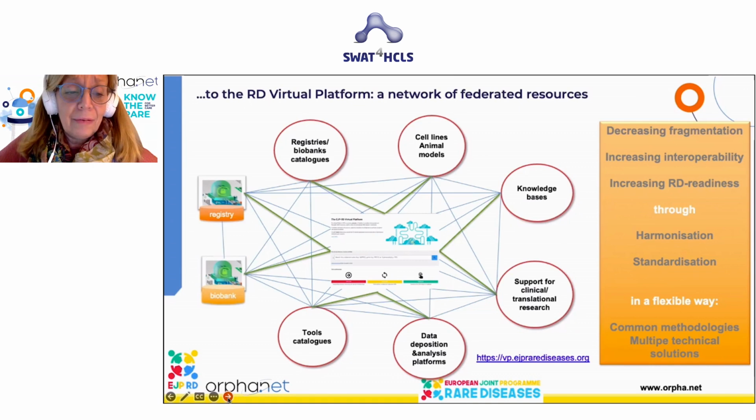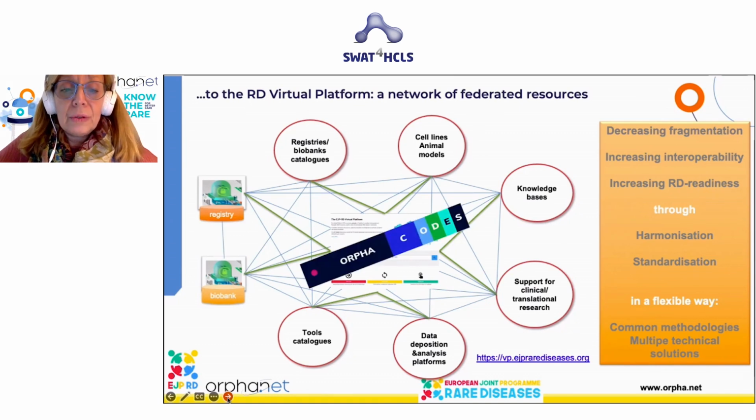And the first thing was to implement the ORPHA codes in the different resources so that they can talk to each other when it comes to their rare disease content. Not all are rare disease specific, but they have content that is relevant for rare diseases.